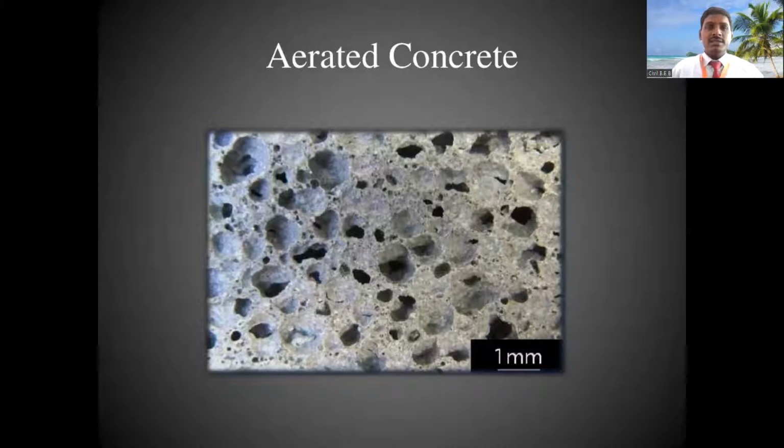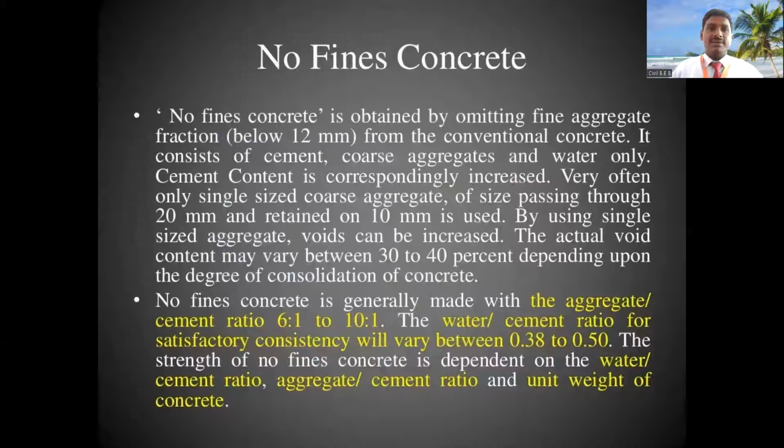If you see the image, what is the image saying? The image is showing air gaps or bubbles, gas bubbles. You can see in this picture that it is aerated concrete. It means this is lightweight concrete.